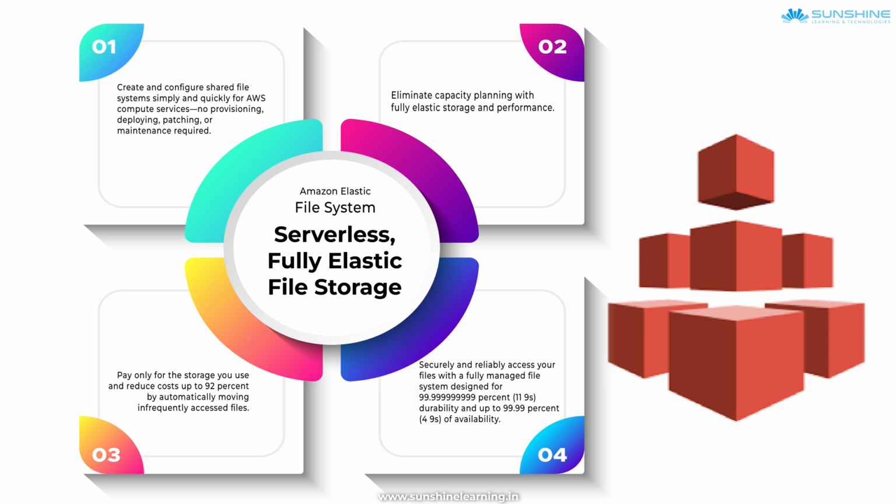You can securely and reliably access your files with a fully managed file system designed for high availability, which is close to 11 nines. So it is a fully managed service by AWS. The high availability, redundancy, elasticity, all will be managed by the AWS cloud.